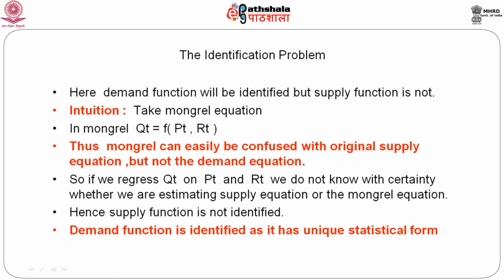The equation from which we are excluding the variable will be identified, and the equation in which we are including it will not be identified. In the present example, we are including the additional variable rainfall in the supply function, hence the supply function is not identified, and we are excluding it from the demand.